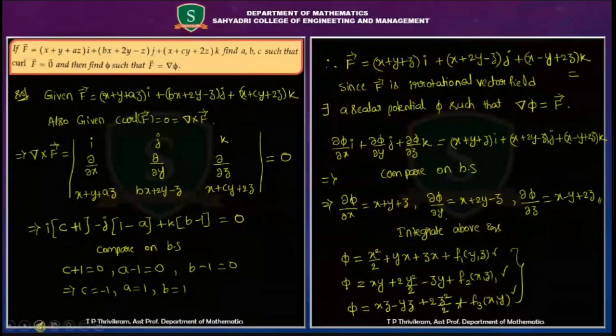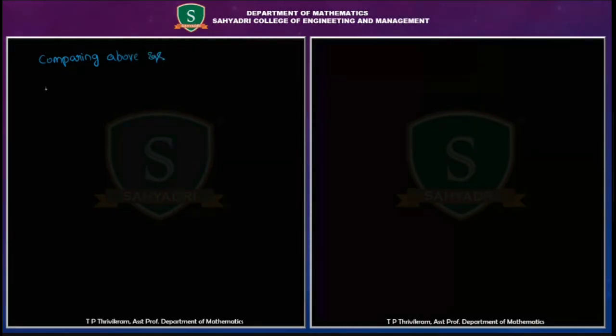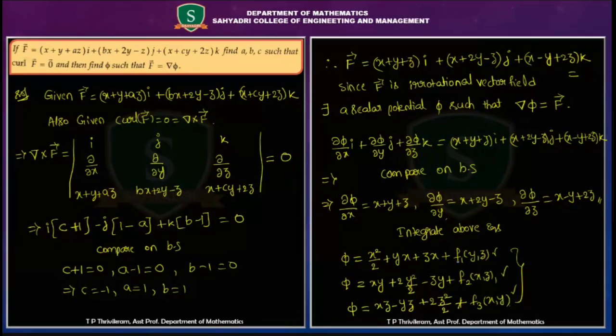So let us find it. Comparing the above equations, you'll get f1 of y comma z. Just compare the y and z terms in these two equations, so it should be a function of y and z.